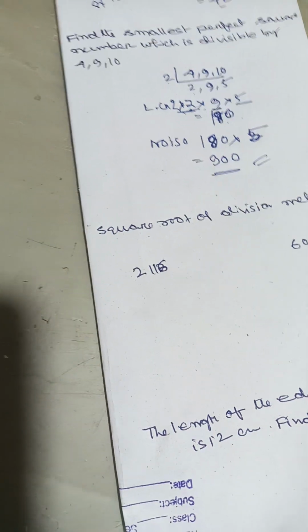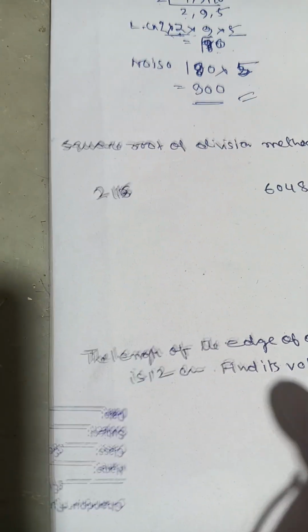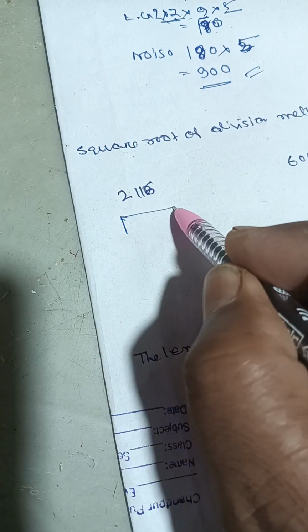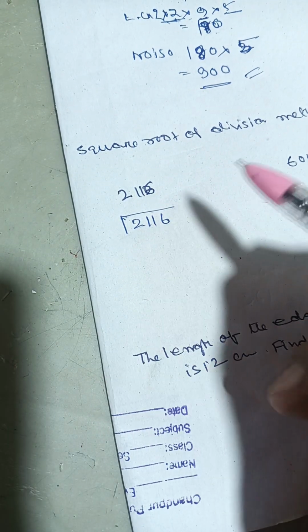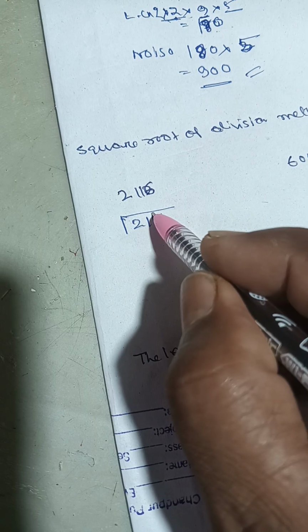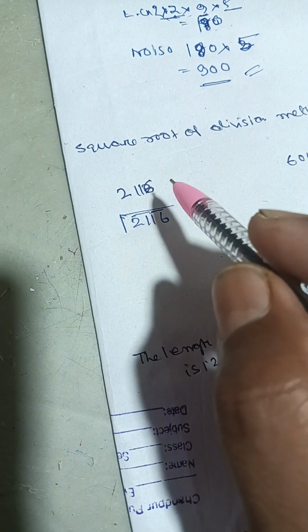Now, by the division method, how can we find the square root of a number? You see, the first question is given: 2116. We are going to find the square root of this number. In this type of maths, first you make pairs of the digits. Suppose 1 and 6 is a pair, 2 and 1 is a pair.